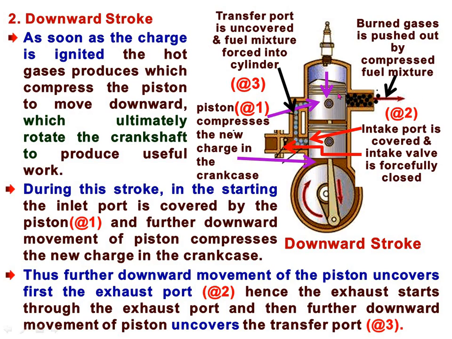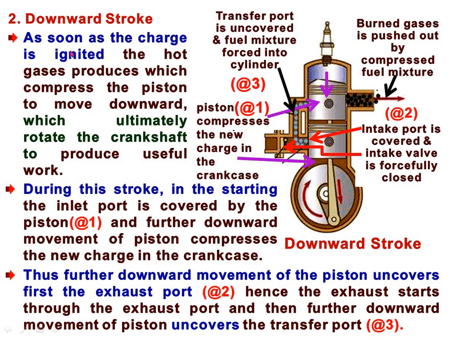It becomes open because it is on the upper side. Then the transfer port as well as the inlet port. So first the exhaust port is uncovered, then the transfer port, and after that the inlet port will be uncovered.